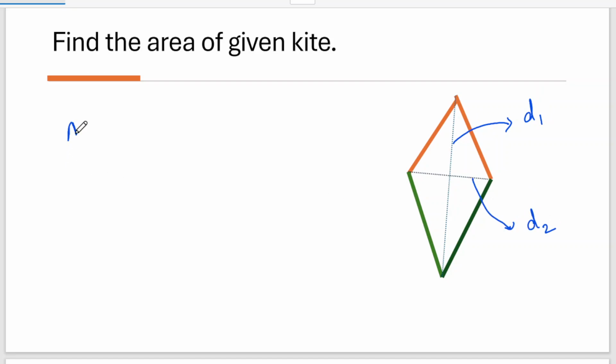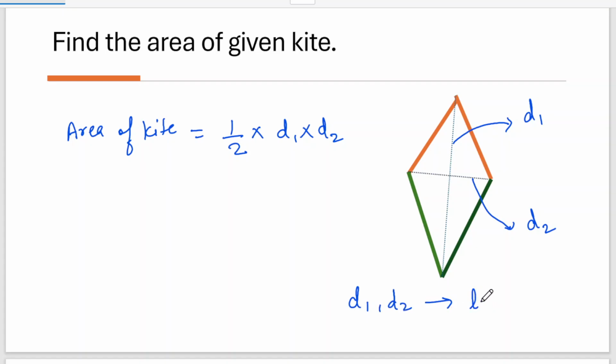So the area of a kite will be half into the product of diagonal 1 and diagonal 2. That means D1 and D2 are the lengths of the diagonals.